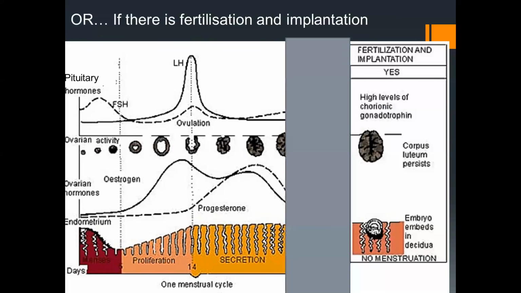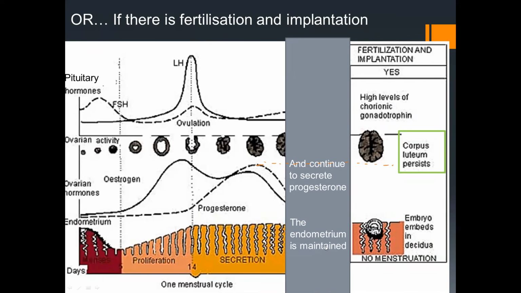However, if fertilization and implantation did occur, what we find is that the corpus luteum is maintained. The corpus luteum remains large in size, and it would therefore continue to secrete progesterone. So the progesterone level will remain high. If progesterone remains high, it will continue to maintain the endometrium.